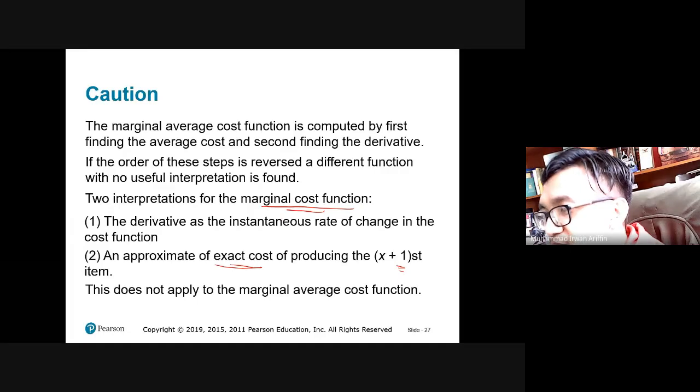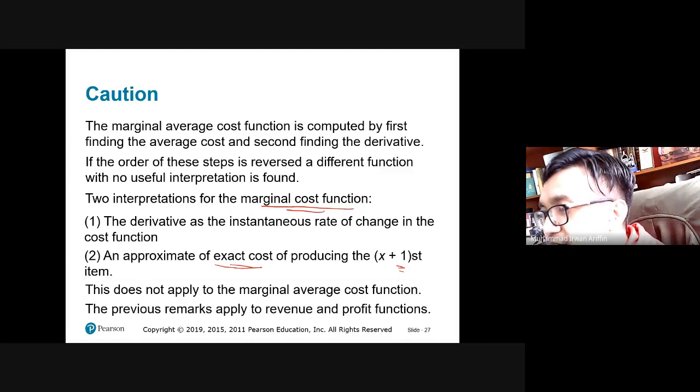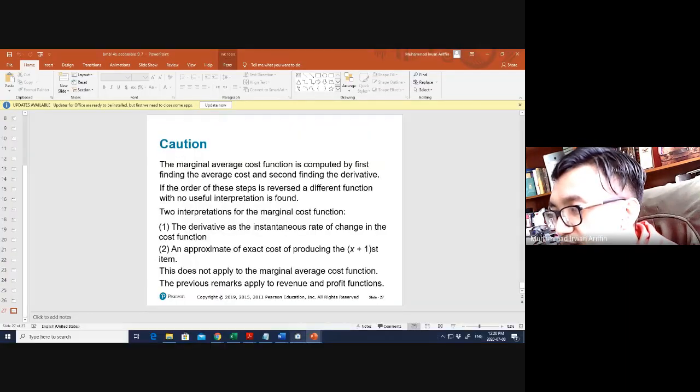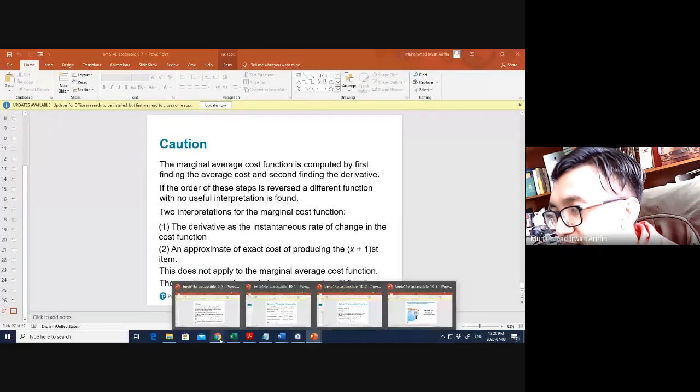But this does not apply to the marginal average cost function because it is not marginal cost. It is the marginal of the average cost. It is basically the change in the average cost. So that's basically the end of this section.